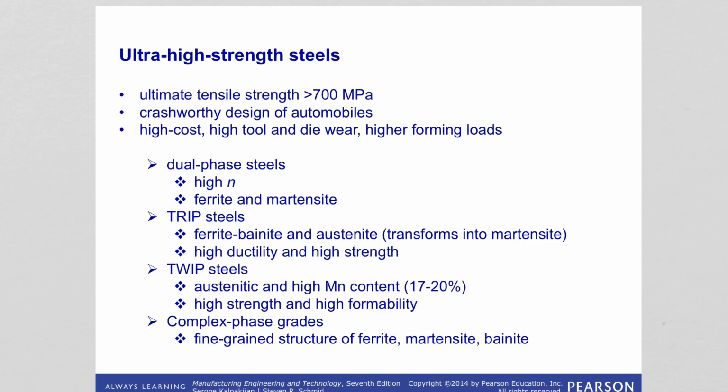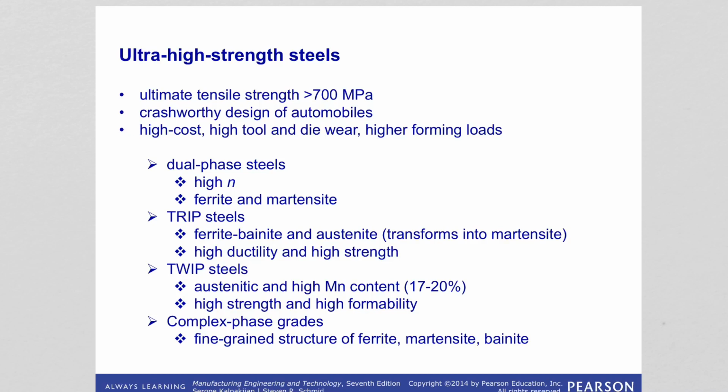So dual phase steels are mixtures of ferrite and martensite structure. They have a high work hardening exponent n, which improves their ductility and formability. TRIP steels consist of a ferrite and bainite matrix with some retained austenite.